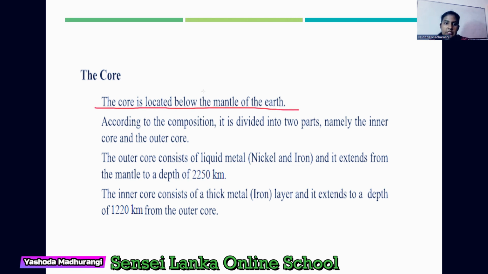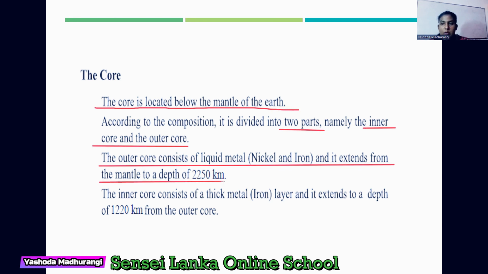According to the composition, it is divided into two parts, namely inner core and outer core. Inner core and outer core, these are the two parts. The outer core consists of liquid metal, nickel and iron, and it extends from the mantle to a depth of 2,250 kilometers.